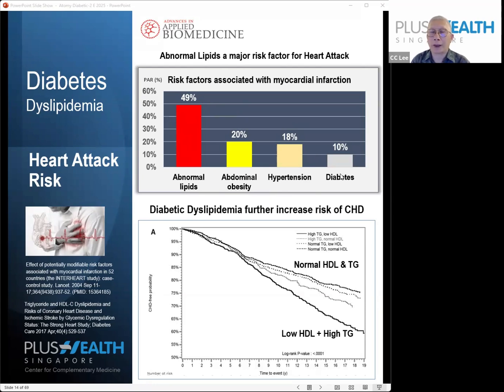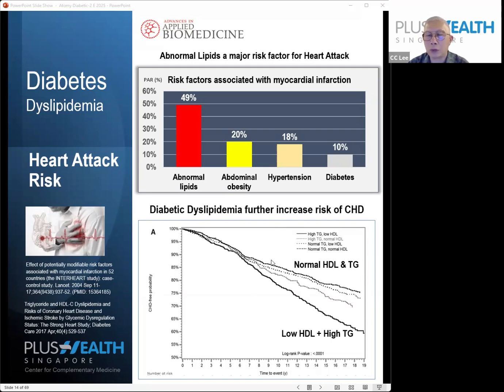So the lipid disorder carries the highest risk factor for heart attack. But unfortunately, the form of diabetic patients' lipid disorder is that they suffer from all three classes of disorder.